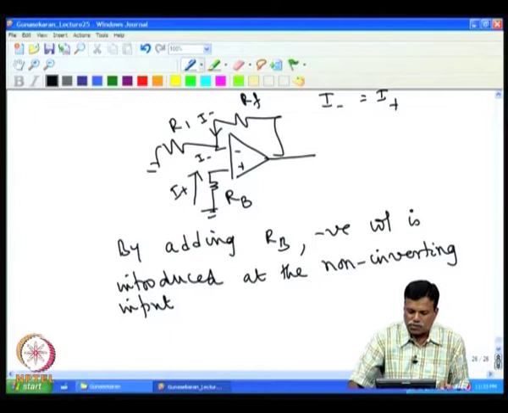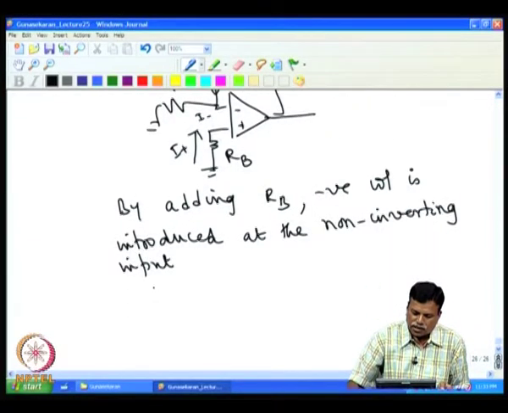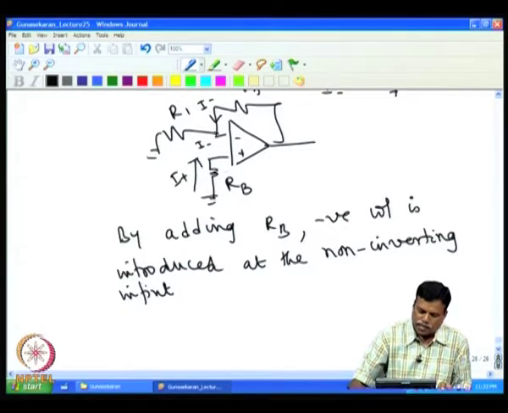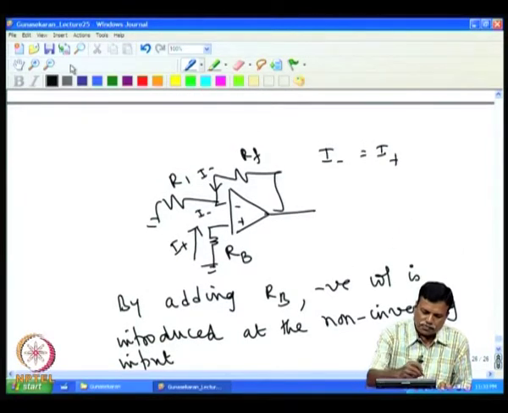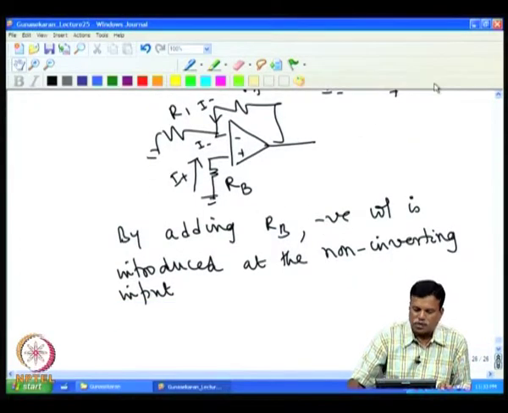This negative voltage is compensated by the positive voltage introduced by the RF. The bias current flowing to this terminal produces a positive voltage here, and the bias current flowing through this produces a negative voltage at the output. So, to compensate that, we have to make the output voltage equal to 0.